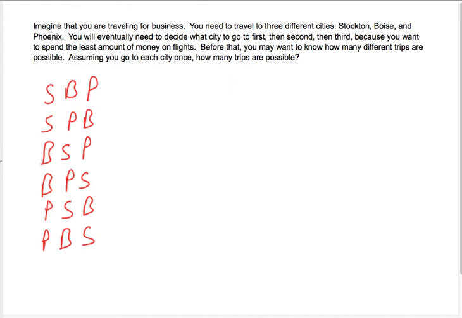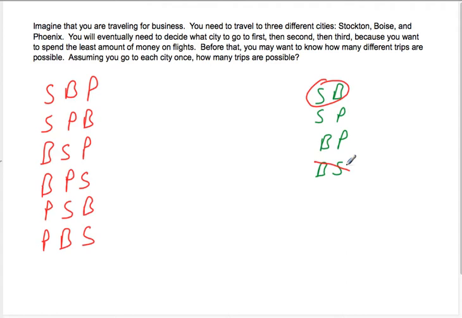Okay, well, you could choose to go to Stockton and Boise. You could choose to go to Stockton and Phoenix. You could choose to go to Boise and Phoenix. Okay, now if you said Boise and Stockton, well, in just the fact that you're choosing to go to these 2, you've already said that you're going to Boise and Stockton, so you don't need to say, or you said Stockton and Boise, so you don't need to say Boise and Stockton.